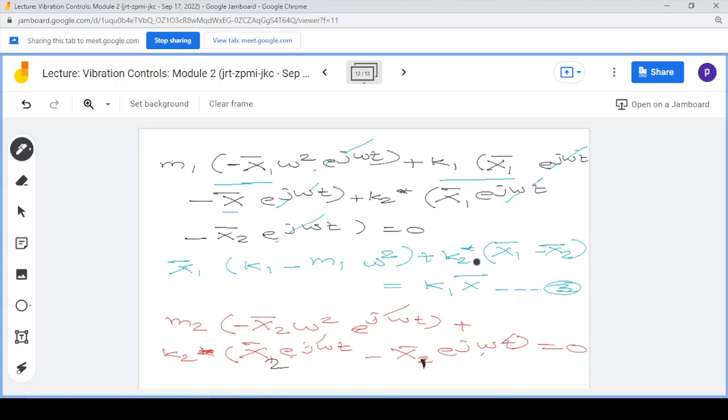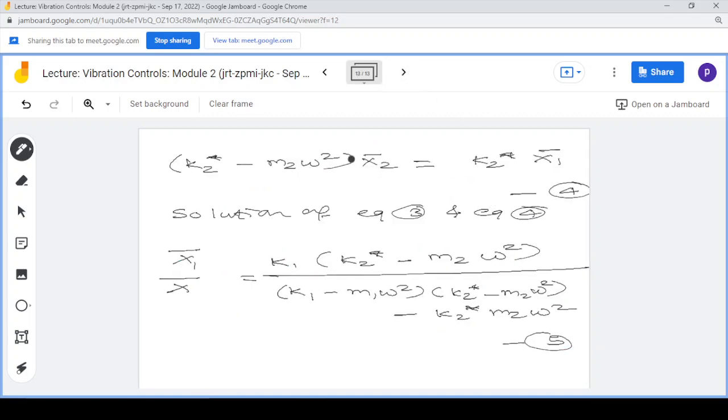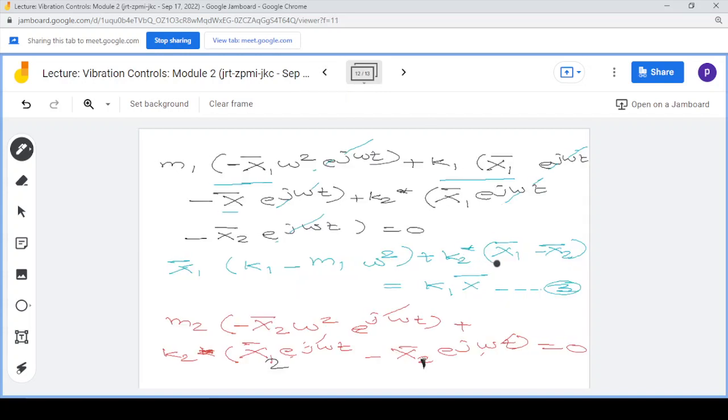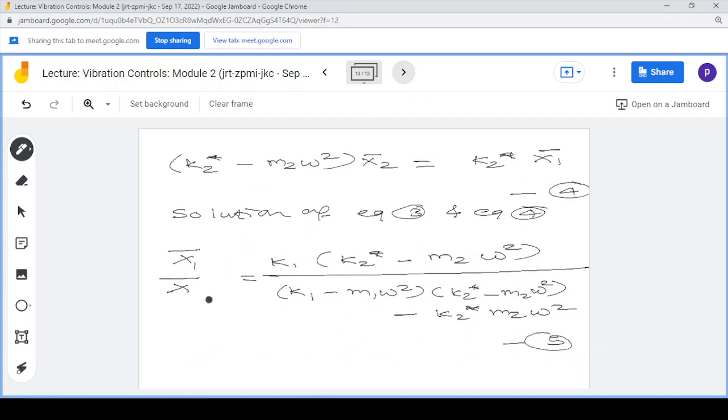Here we have k2 star. This x1 needs to be also replaced, so this x1 will also get replaced by this, right? And then by solving for the x2 bar by x, we can obtain this value. That is x1 bar by x I have written first.